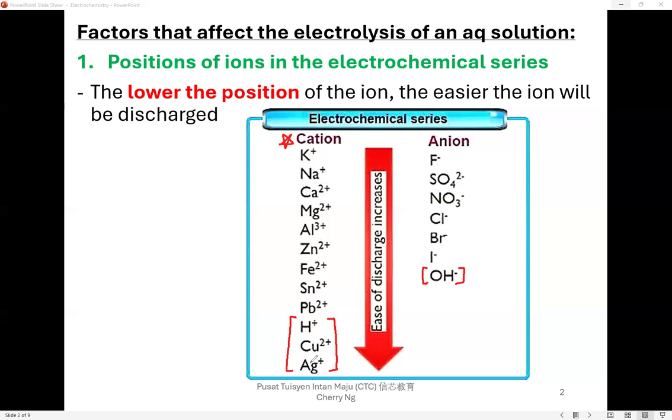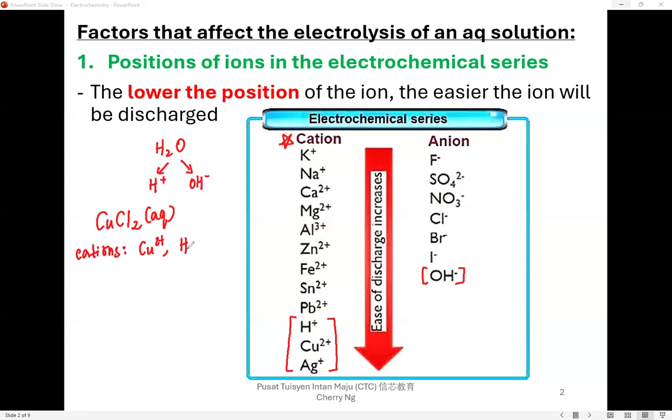Okay, so if let's say now you have copper(II) chloride solution, and if they say this is an aqueous solution, it means you have water inside, right? So for the cations, we have copper 2+, and since it's an aqueous solution, we have H2O. H2O will split into hydrogen plus and hydroxide ion.